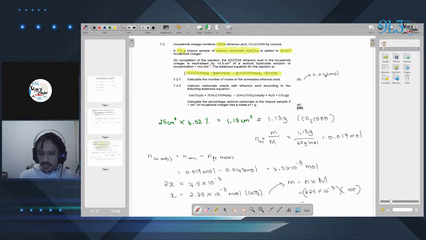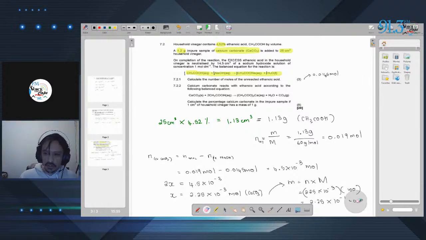So this is just going to be 2.25 times 10 to the minus 1. And I'll just double check that. 2.25 times 10 to the minus 3 equals that, times that by 100. That's correct.